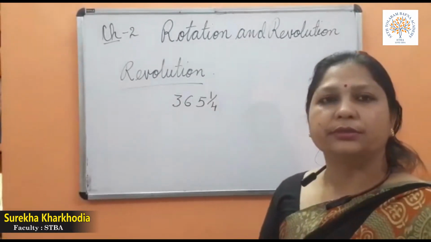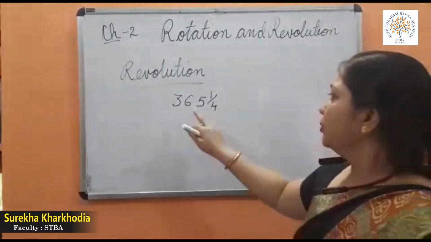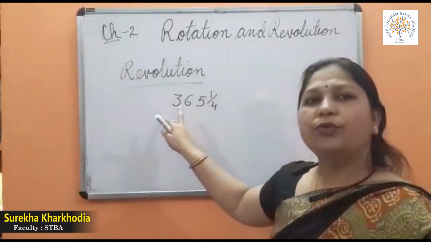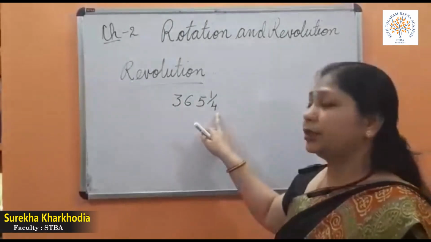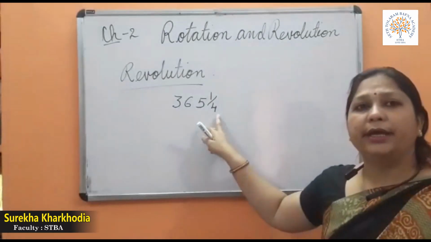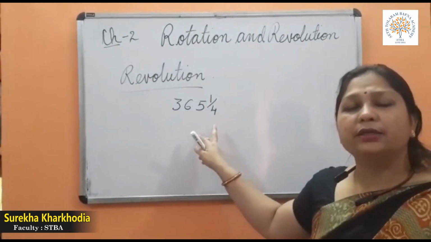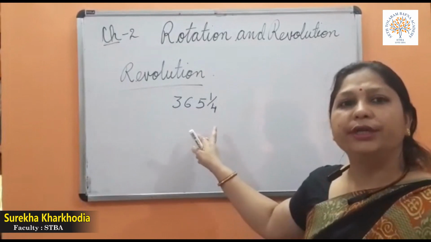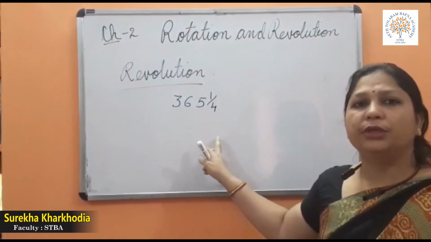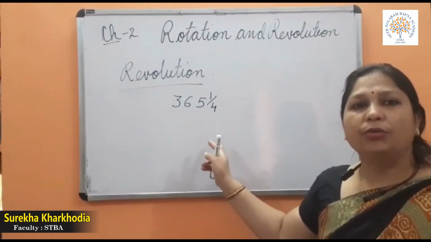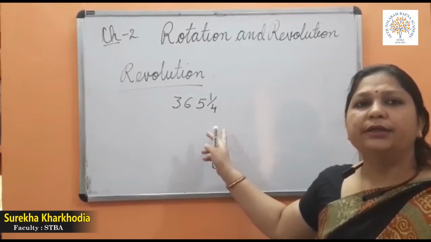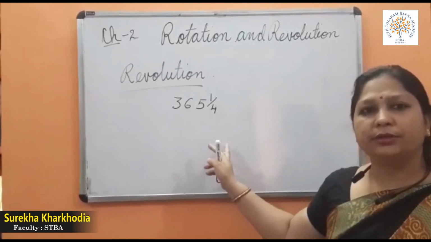A quarter. So in every 4 years, this quarter is added and one extra day is joined after every 4 years in the month of February. That is known as leap year.